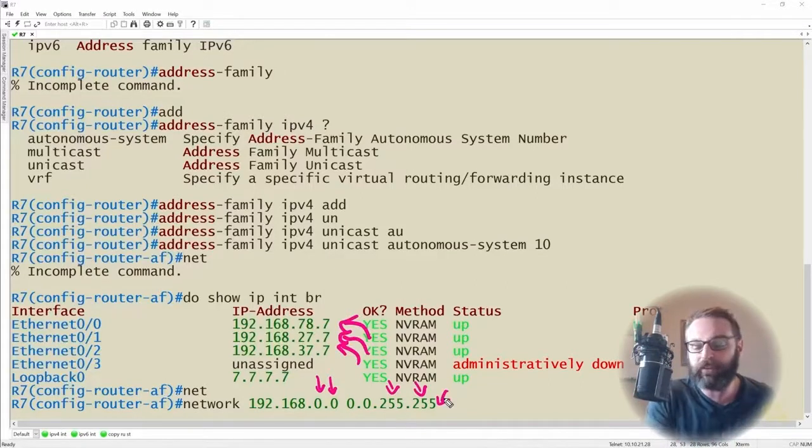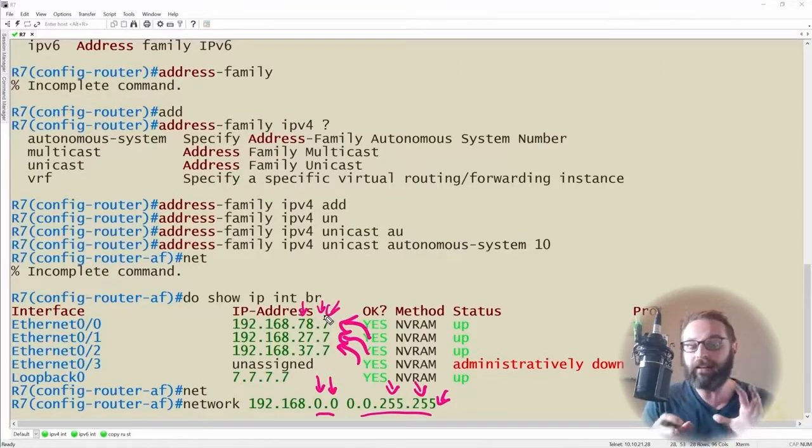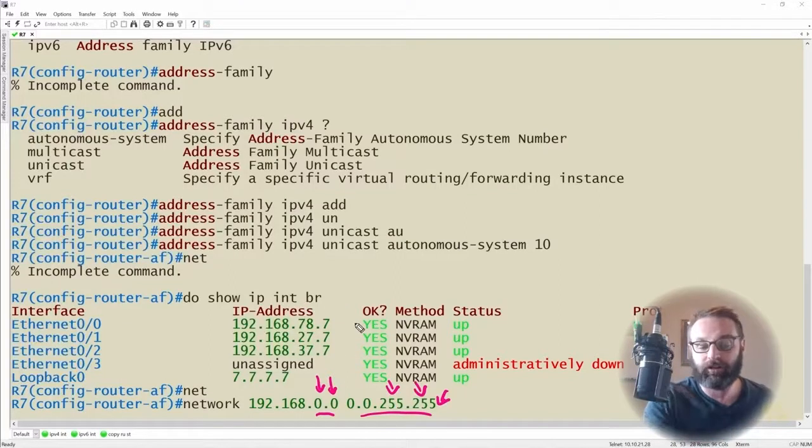And the wildcard mask and the wildcard bits here are all about trying to find which interfaces have an IP address that match this, whether it's in the subnet portion or the host portion of the actual IP address itself. It's all about just turning the EIGRP process on an interface rather than trying to match a whole subnet or a specific IP address itself. It's trying to match anything within this range so that it knows where to turn EIGRP on.